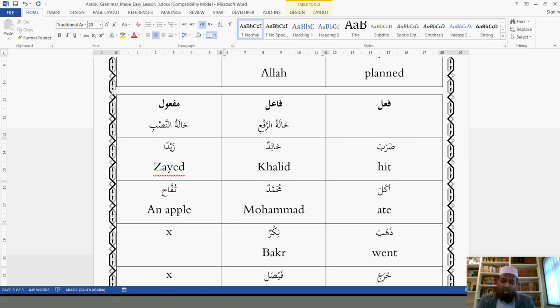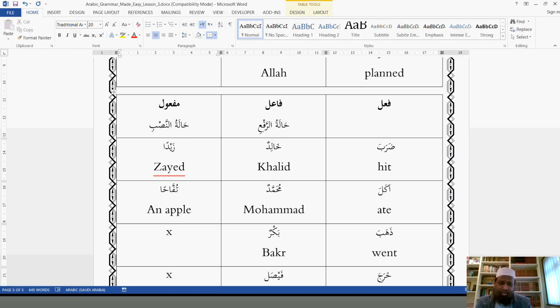And Tuffahun, because it's maf'ul in halatun nasb, it will have fathatain. Yes, fathatain. So do I need to write anything else with fathatain, or is it okay? That's right, it is not okay. In writing, we need to add the alif. Tuffahan. Akala Muhammadun Tuffahan. Muhammad ate an apple.